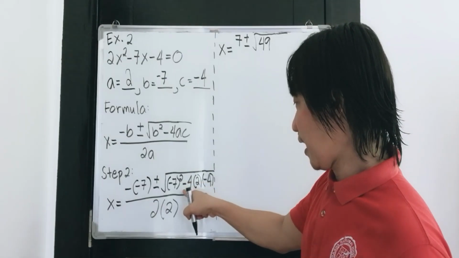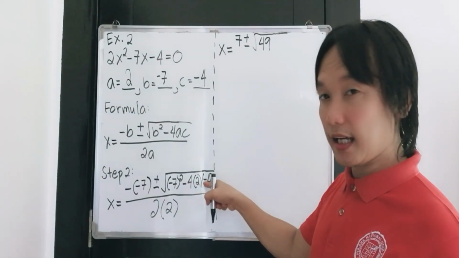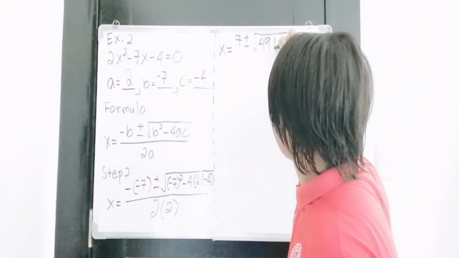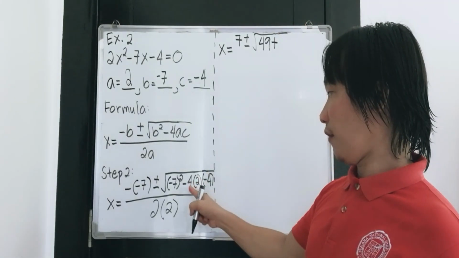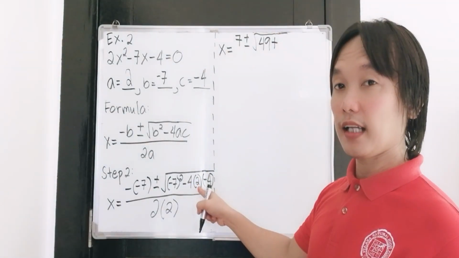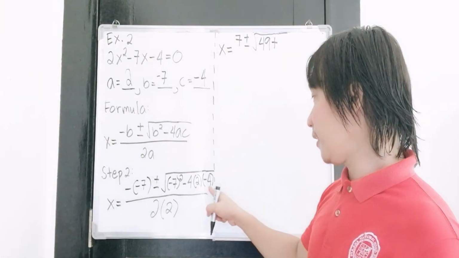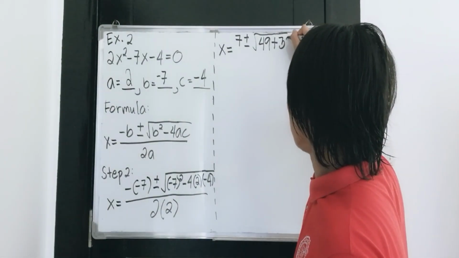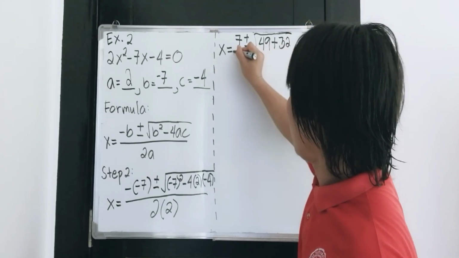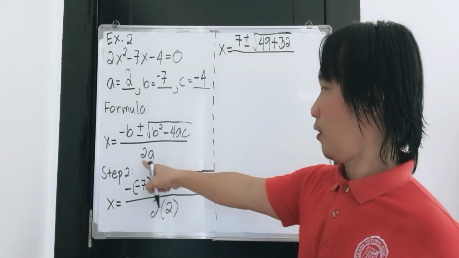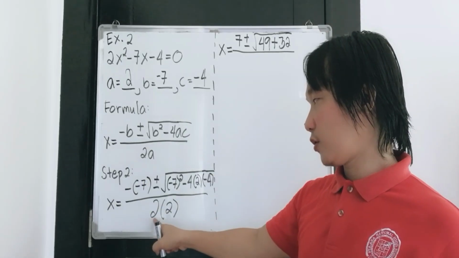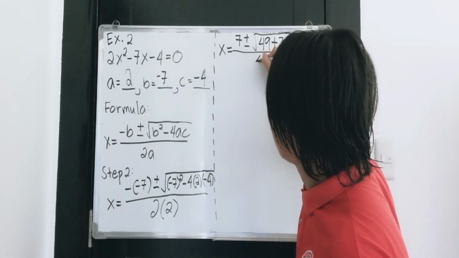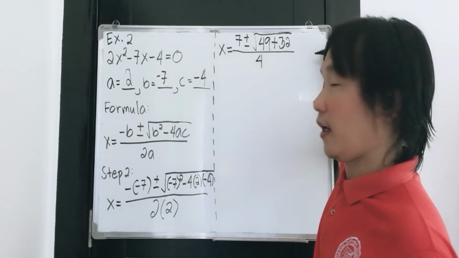Then you have a negative times a negative, that will be a positive. Then 4 times 2, that is 8. And 8 times 4, that is 32. All over 2a. That is 2 times 2, that will become 4.